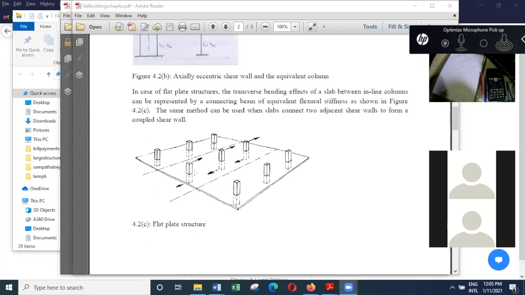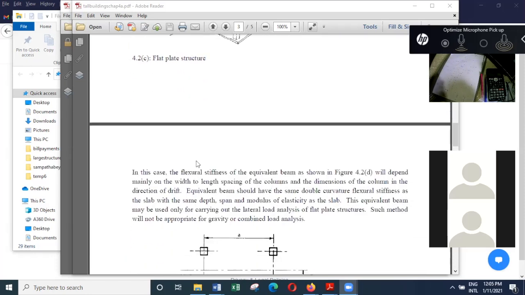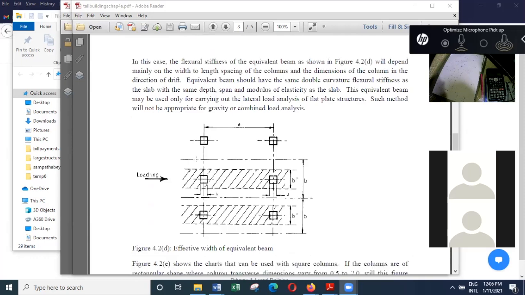So when you are doing the analysis, if you want to represent these slabs as beams, then we have to find the width of the beam, and to find the width of the beam we have to consider the size of the column, the distance between centers of columns this way and the distance between centers of columns this way, and then based on that we can find a width that is effective in resisting the lateral loads.